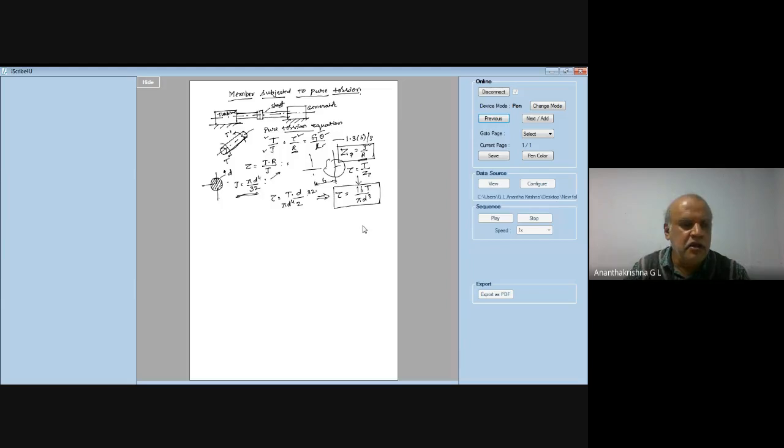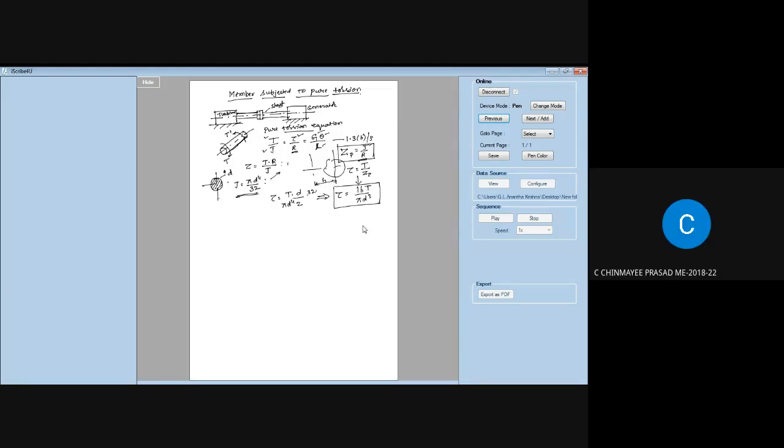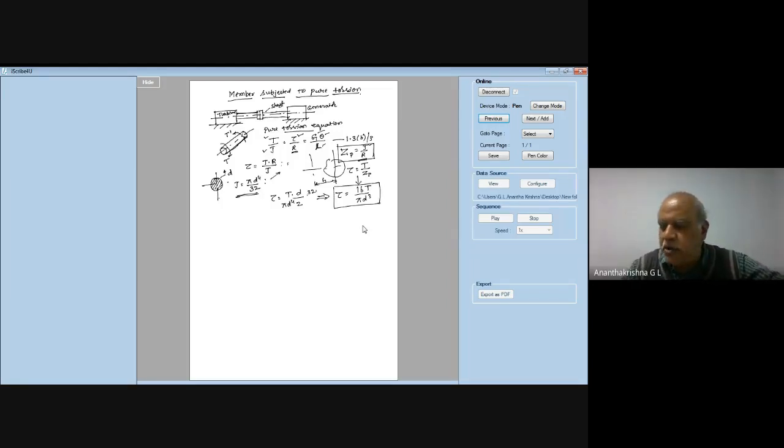Are you with me? Yes, sir. Again, go to table 1.3b. Take out your data handbook. Go to table 1.3b, properties of various cross sections.